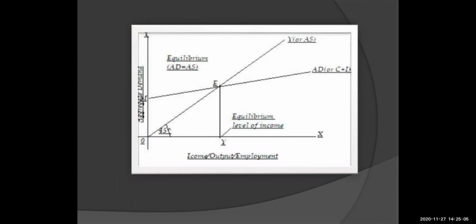And the AS curve, that is the aggregate supply curve, starts from the origin at a 45-degree angle. If we observe the AD curve and AS curve, we have a midpoint called the equilibrium point where AD is equal to AS, which means our aggregate demand is equal to our aggregate supply at OY level of output, which is the equilibrium level of income.